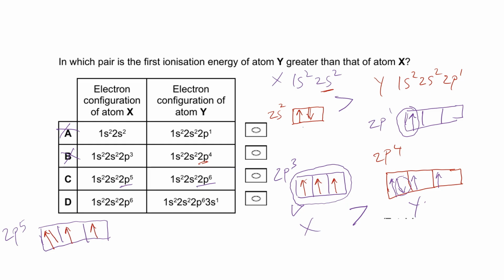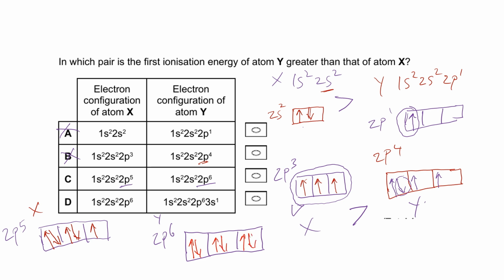So you pair this one 4, and you pair this one 5. Okay, that's for X. Then for Y, we have 2p6. So we have 1, 2, 3, 4, 5, 6.